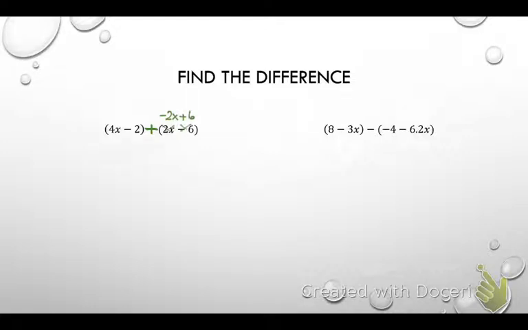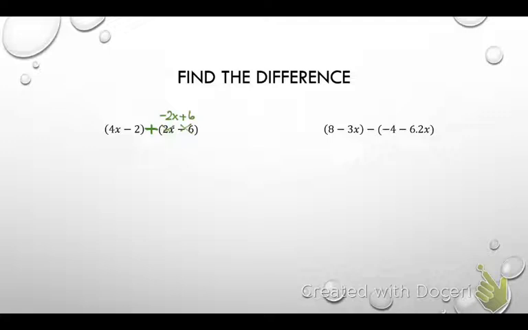I want you to physically write that, okay? Because when you write it and you have that visual, again, that reduces your chances of making a mistake. All right? So then combine your like terms and solve. Don't forget to do that on the second set of problems as well. All right, let's finish simplifying.